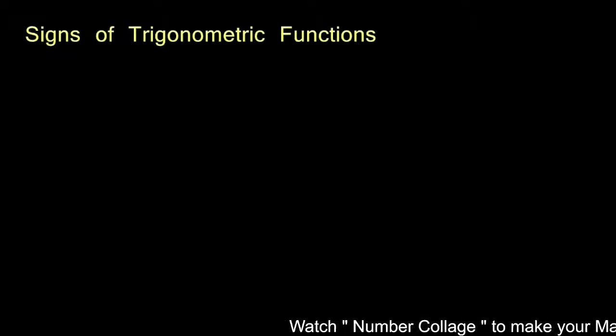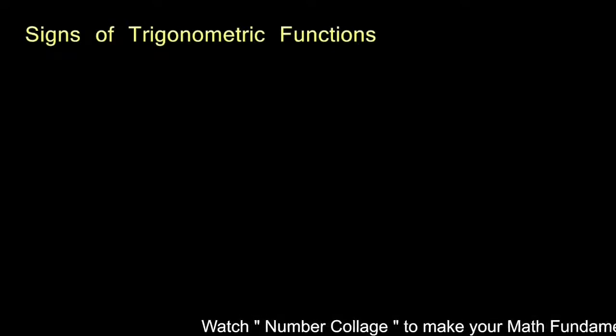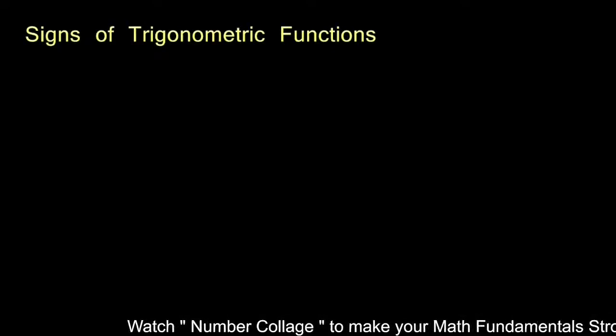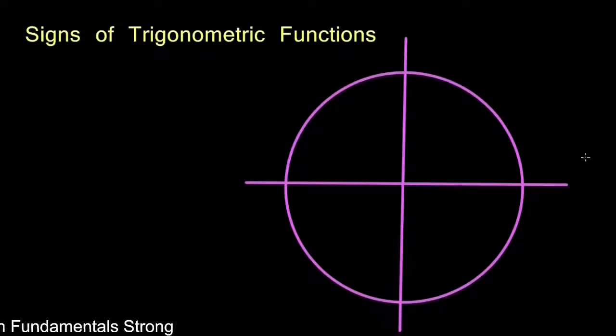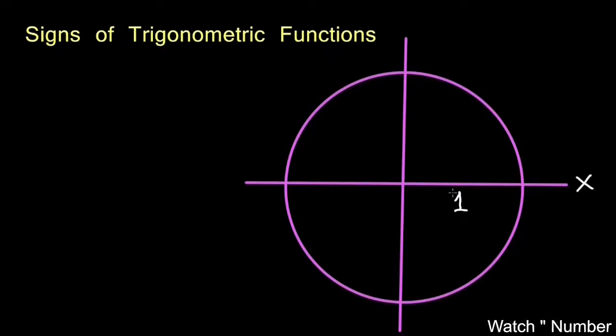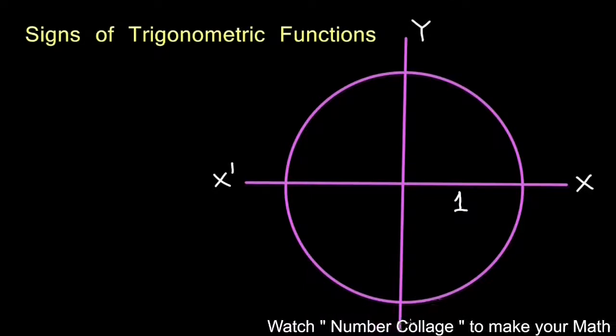Let us talk about the signs of trigonometric functions in different quadrants. For that, we have drawn a unit circle whose radius is equal to 1 unit. So this is x dash and this is y dash.